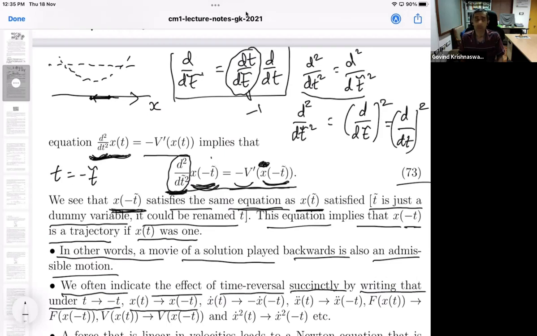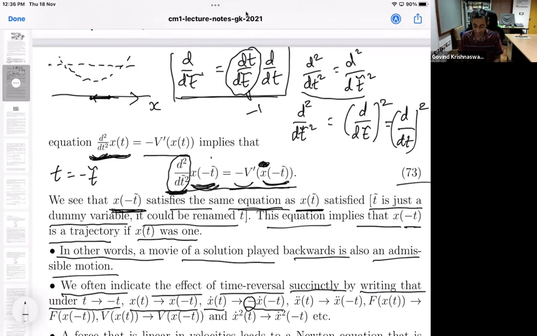I hope that is easy enough to follow. X dot of t will go to minus x dot of minus t, okay, because the d by dt is going to change sign, and therefore there is going to be a minus sign. That's what we just calculated. So this is a kind of a shorthand notation for writing out such expressions in more detail.